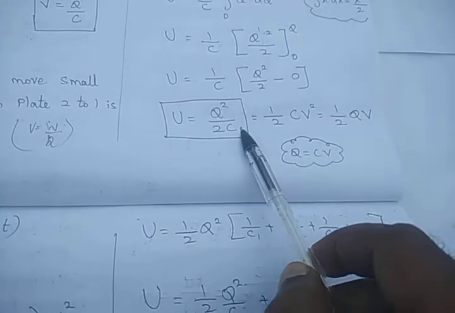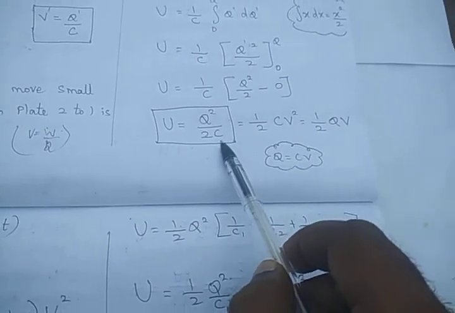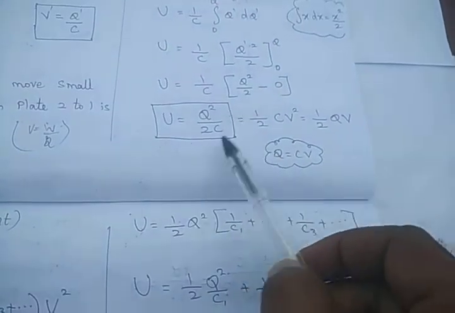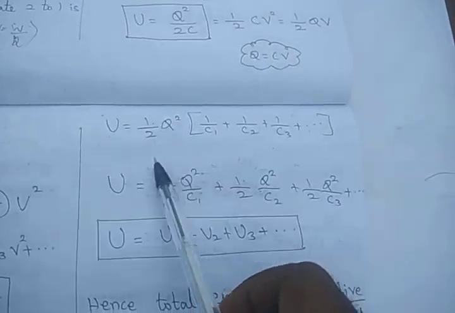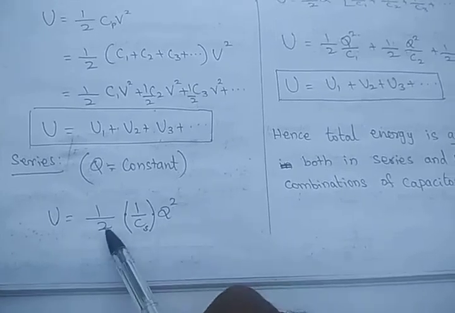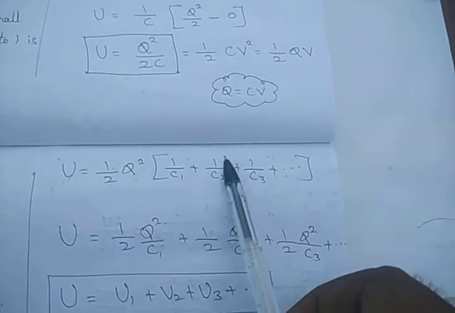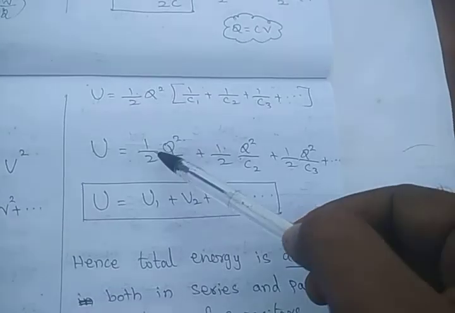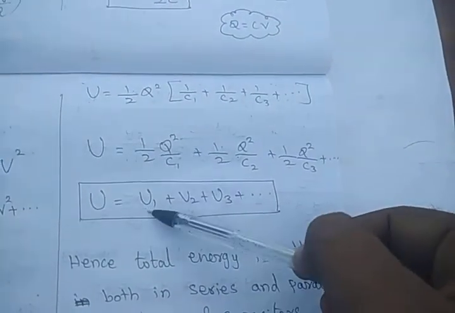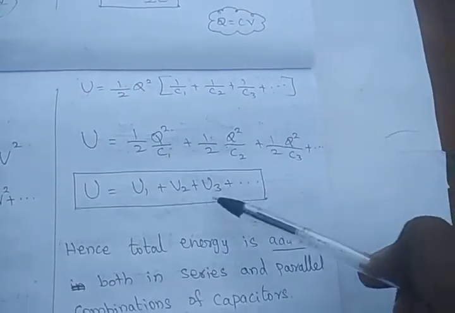For Cs, I will put the suffix S for the total, that is, the effective capacitance of the series combination of the capacitors. So it is 1 by 2 Q squared, and for 1 by Cs we substitute 1 by C1 plus 1 by C2 plus 1 by C3. So 1 by 2 Q squared by C1 plus 1 by 2 Q squared by C2 plus 1 by 2 Q squared by C3. It is merely the energy stored in the first capacitor, second capacitor, and third capacitor.